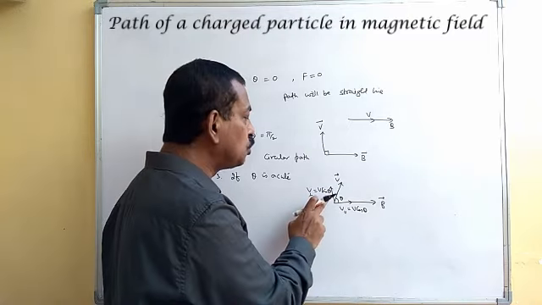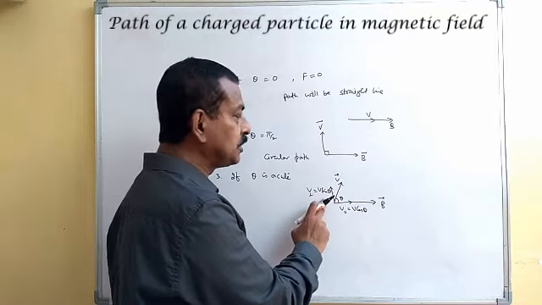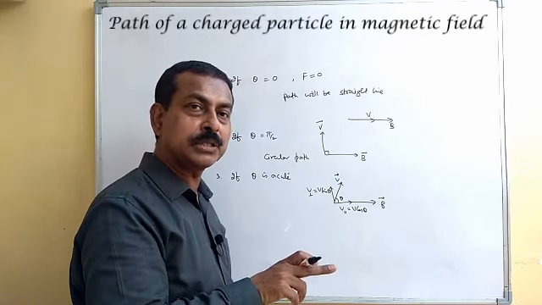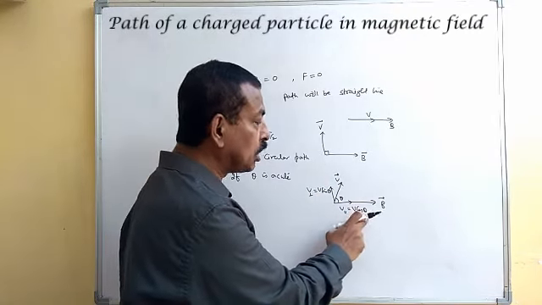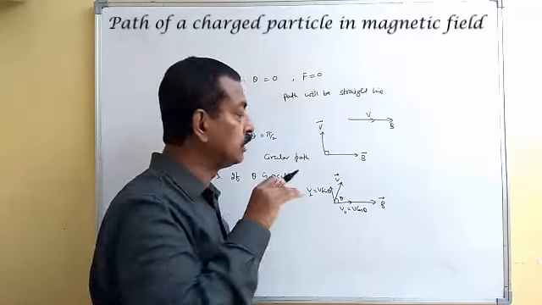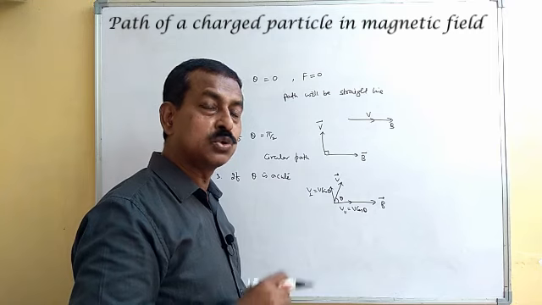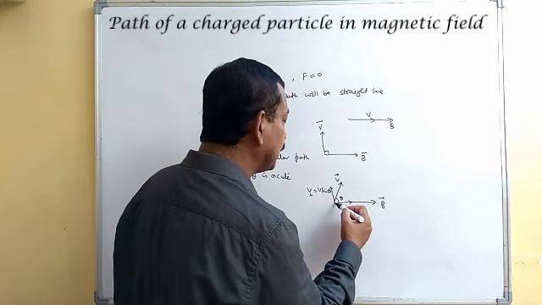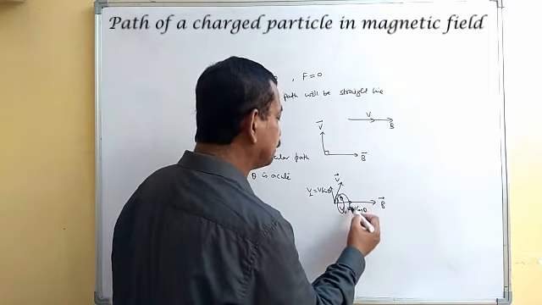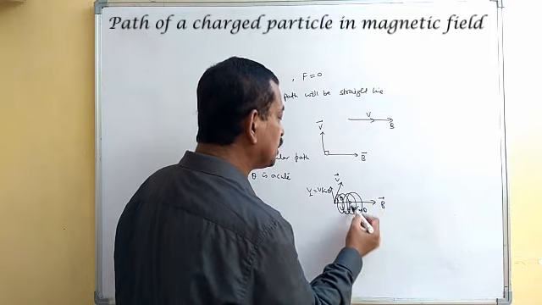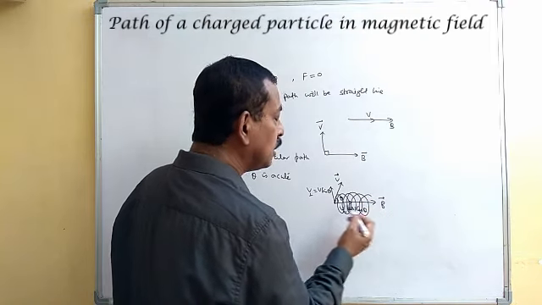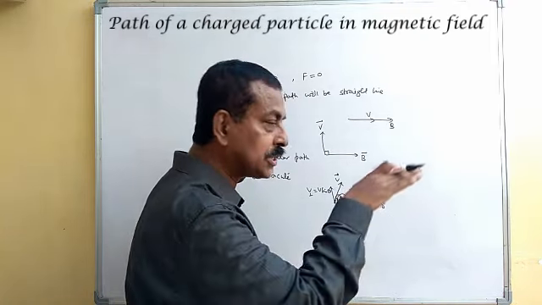So due to this V sin theta, it will move in a circular path, but due to V cos theta, it will also tend to move in a straight line path. So its path will finally be a helical path, because in this case it will have the circular motion as well as a translational one.